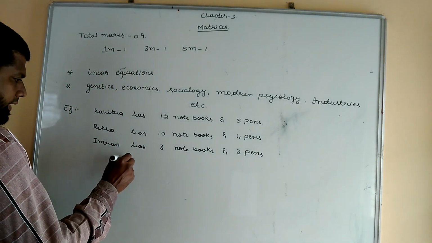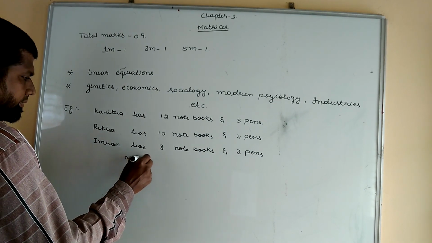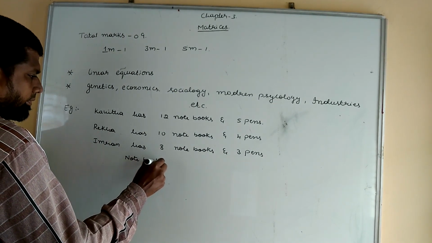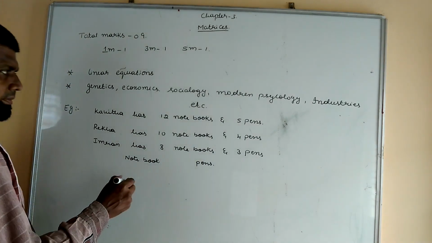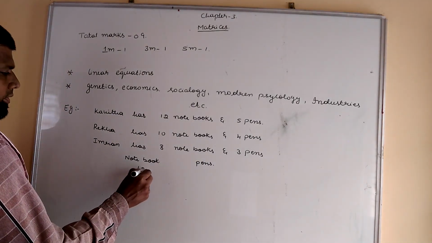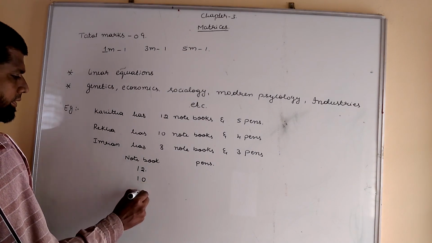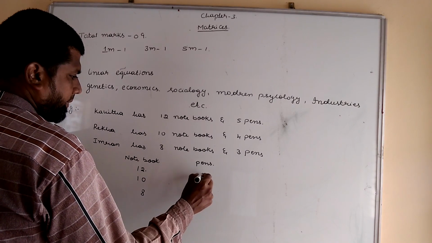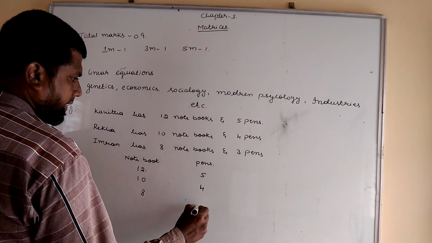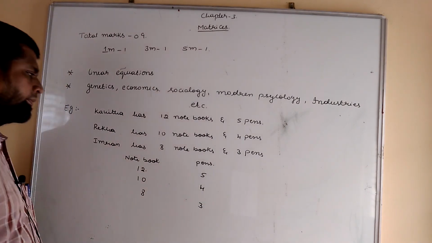So I will write notebooks and pens. Below this I take the numbers 12 books, 10 notebooks, 8 books, then 5 pens, 4 pens and 3 pens.